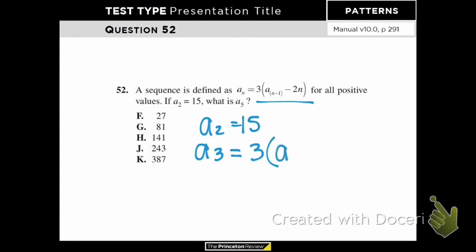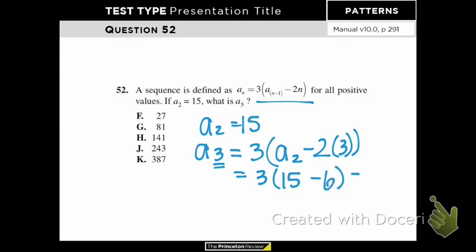So this is A sub n minus 1. Here n is 3, so 3 minus 1 would be 2. Minus 2 times, and then again n we said was 3 here, which is 3 times. A sub 2 is 15. They told us that. Minus 6 here. So 15 minus 6 is 9, times 3 is 27. So A sub 3 is 27.